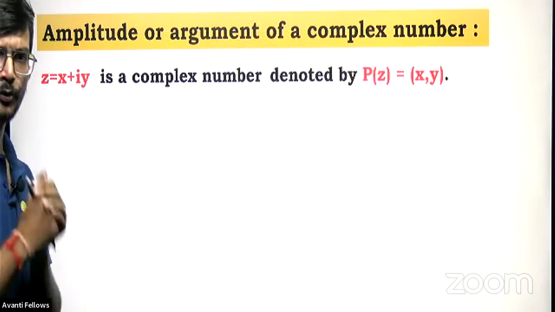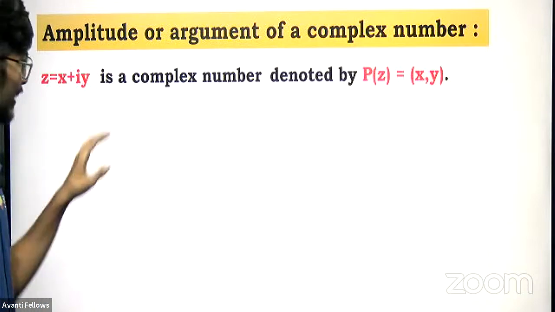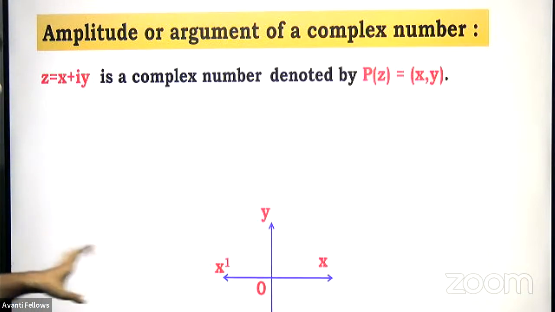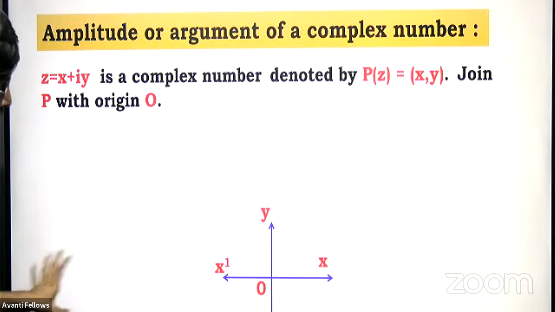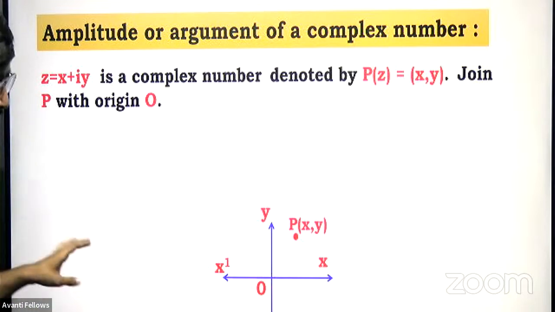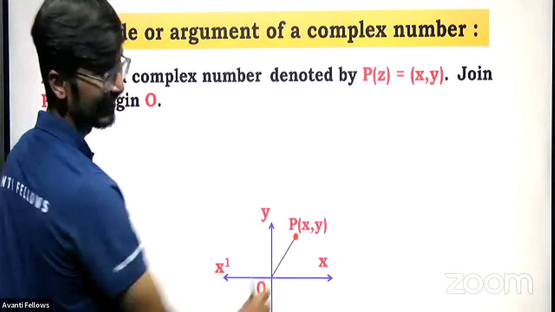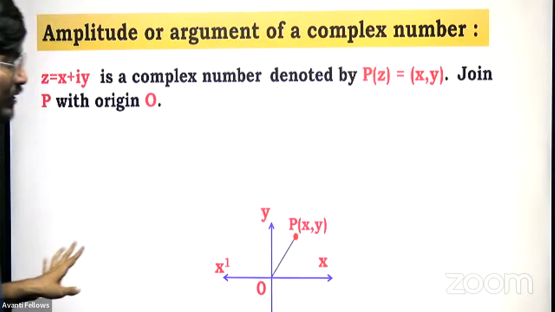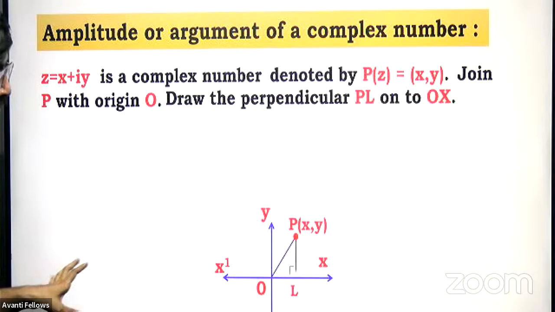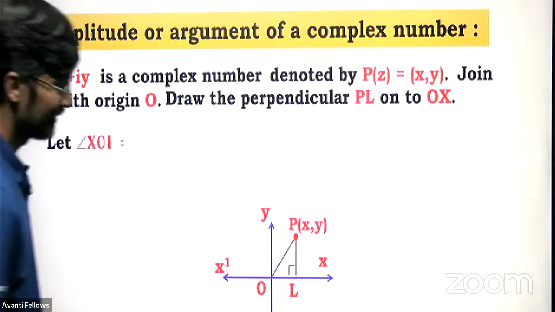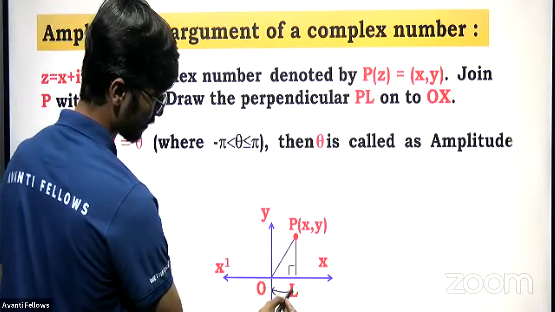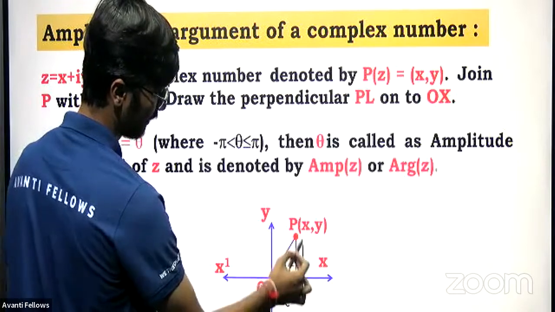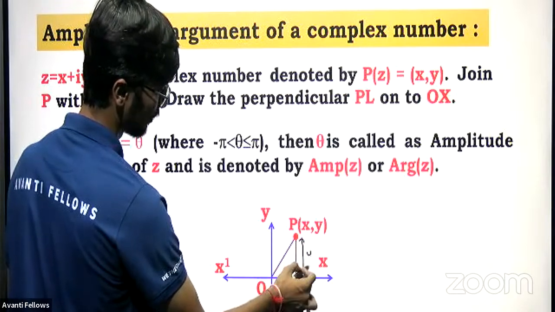I hope you know amplitude and argument. So same we can see here. Let us plot the point P. So this OP you can see is a modulus. Right? So you can see this distance is x, this distance is y.